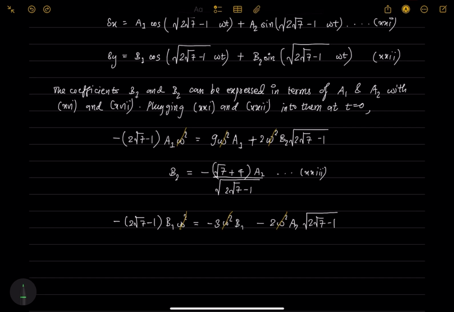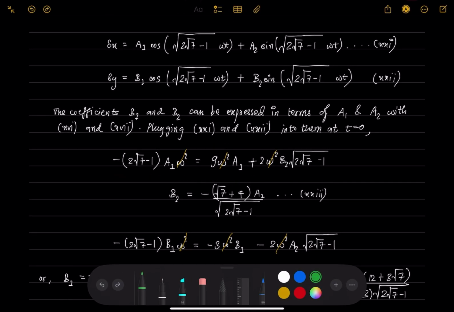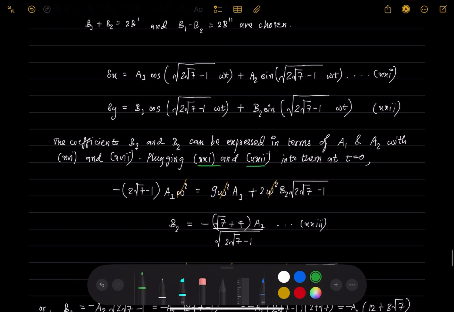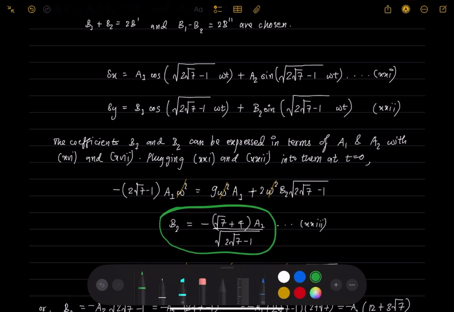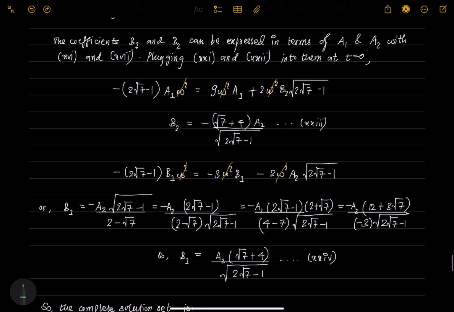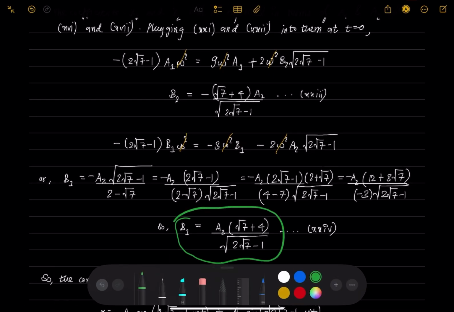We obtain something like this, right? We plugged equations 21 and 22 into the differential equations 16 and 17, which are above. We obtain a certain relationship between b2 and a1, and also a certain relationship between b1 and a2, right?